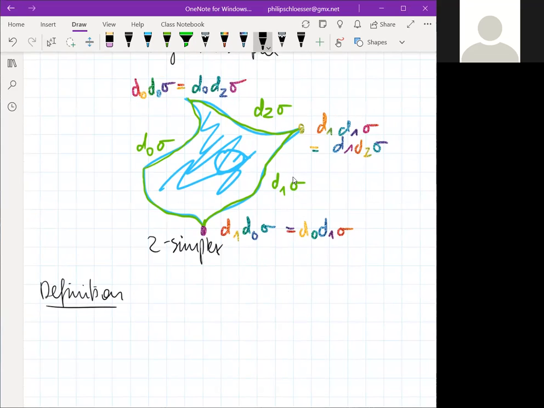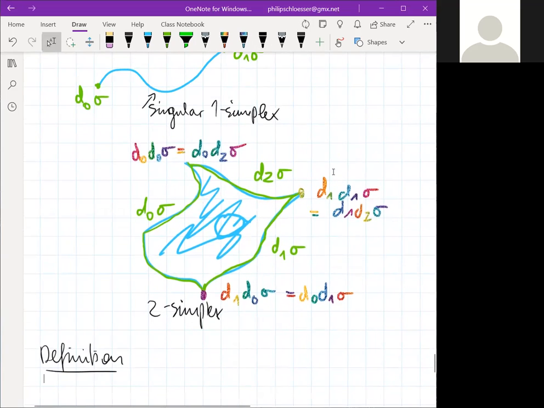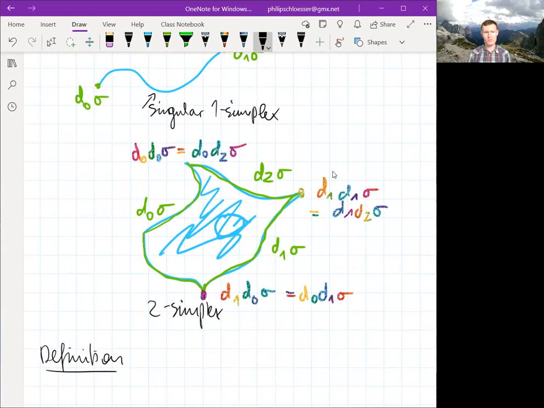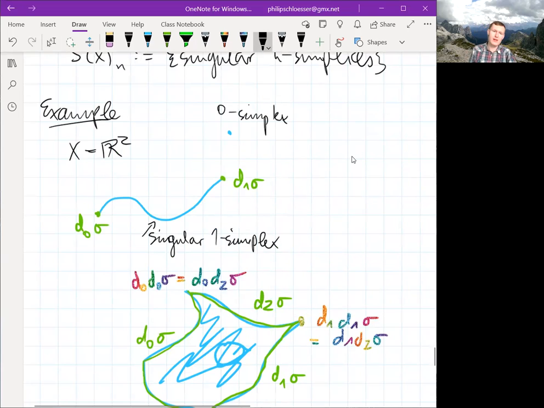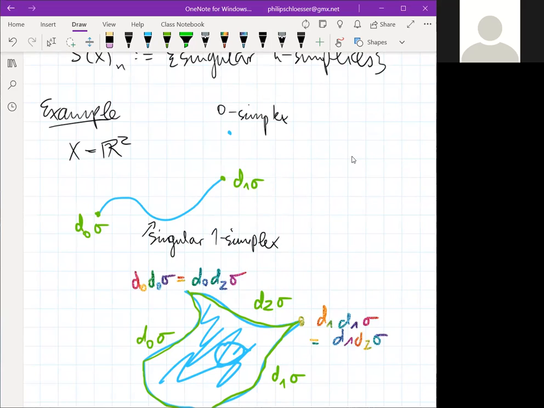I have a slight confusion. If you're writing these based on directionality, then shouldn't it be d0 of d2 sigma and d1 of d2 sigma interchanged? So the thing is, we can just plug in a point.